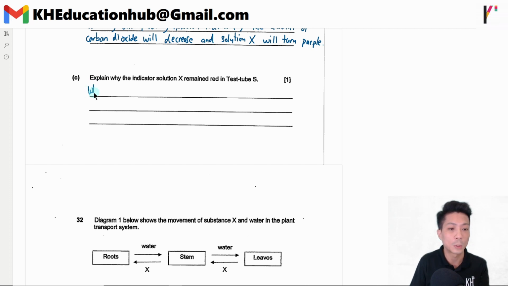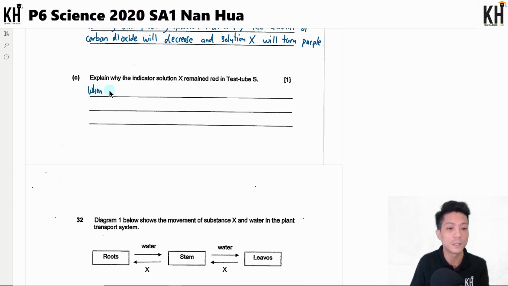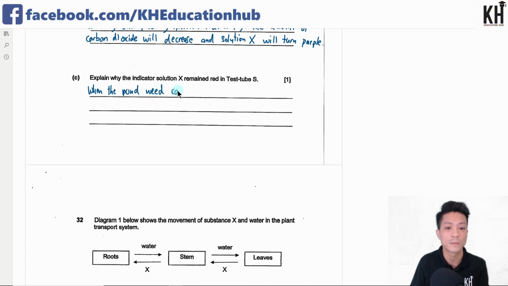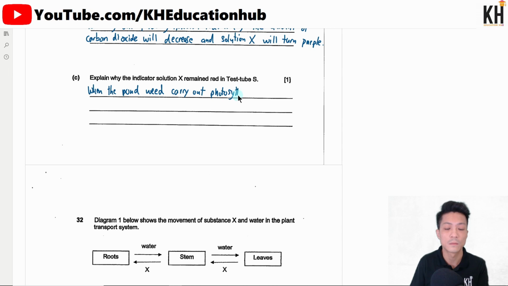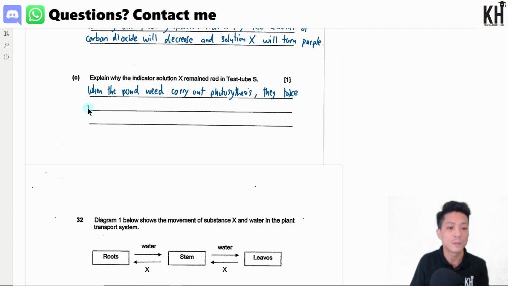Okay, so when the wheat carry out photosynthesis, they take in carbon dioxide.